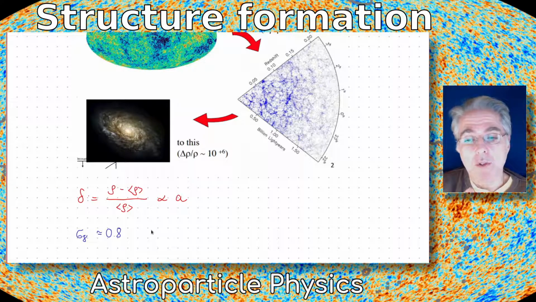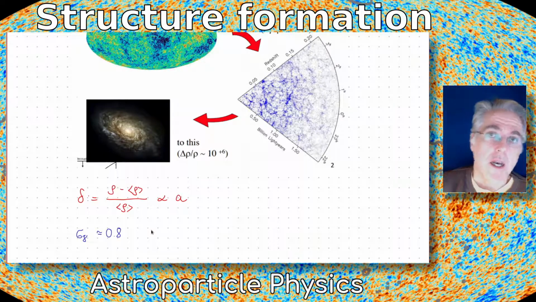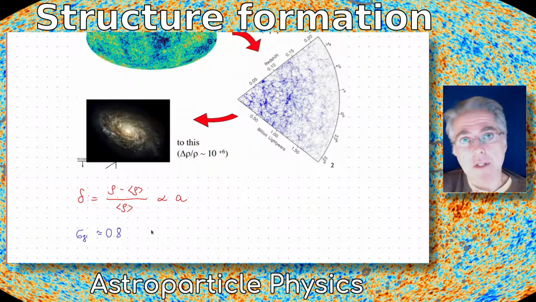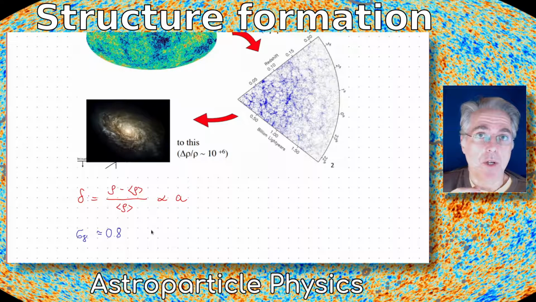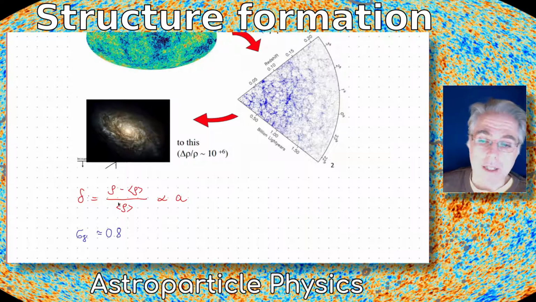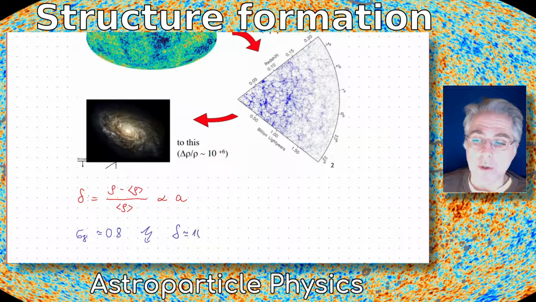So if you take about unity for today, and then you look back at the scale factor of 10 to the minus 3, that means that you would have to start out with about 10 to the minus 3 in terms of fluctuations in the density in order to form these structures as we see them today. And that's clearly in conflict with the actual expectation. So the delta that you start out with would have to be of the order of 10 to the minus 3.